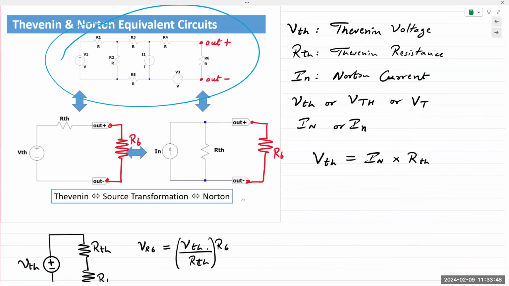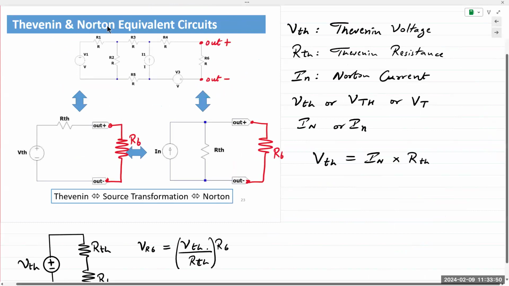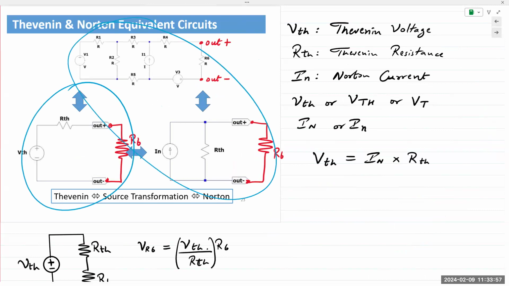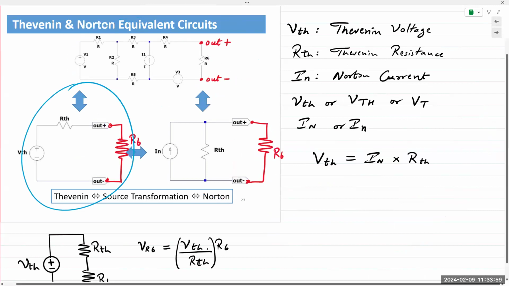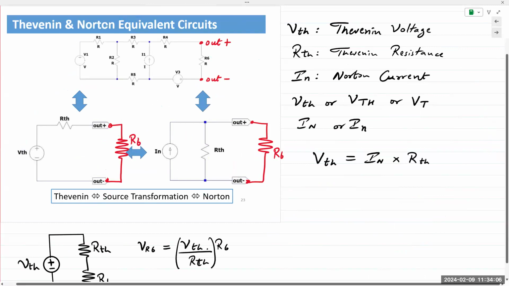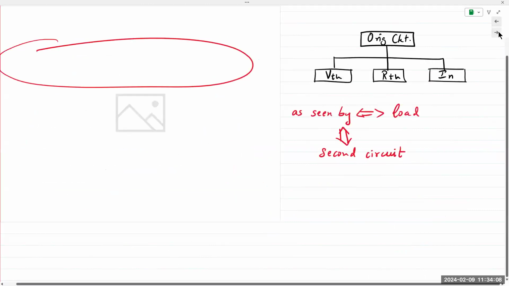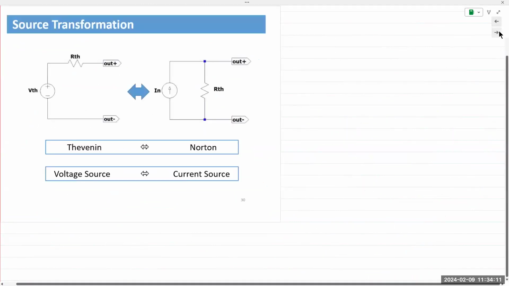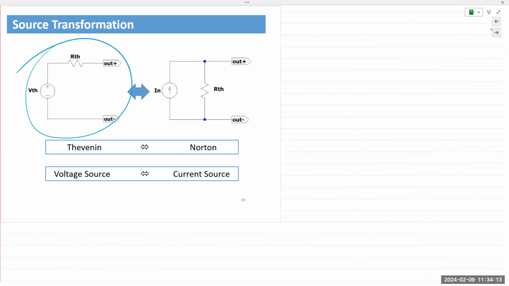We had this large circuit, and I stated that we can represent it as a Thevenin network, or you could represent it as a Norton network. So if both things are equal, then I can say both of these are equivalent to each other. And that's where source transformation comes from. If a circuit can be represented as a Thevenin or a Norton network, then the Thevenin equivalent is also the same as the Norton equivalent.